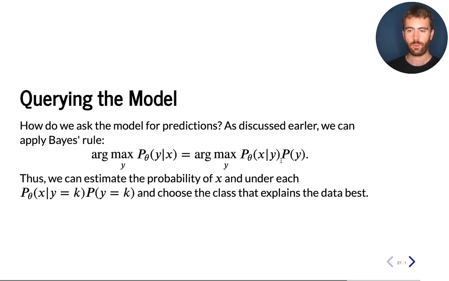They both involve Bernoulli distributions, and the intuition here is that given a new document X, I look at its probability under each model that I have for each class, and I return the class of the model under which X has the highest probability. So I choose the class that explains this new data point best. This is how we perform predictions using this model.